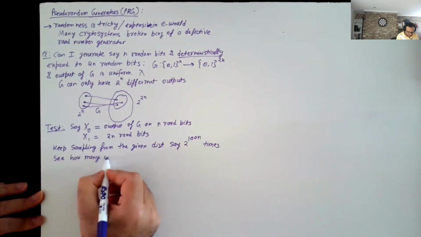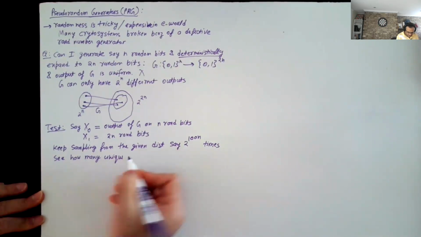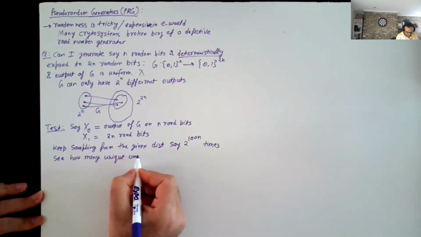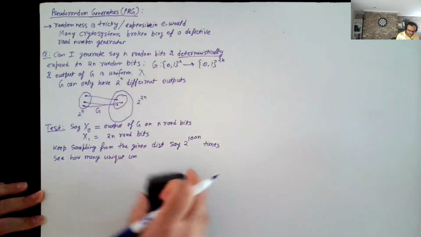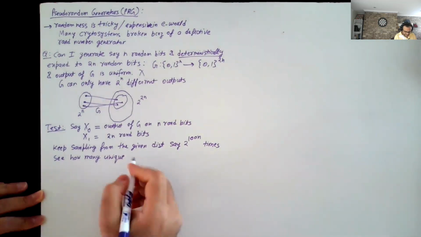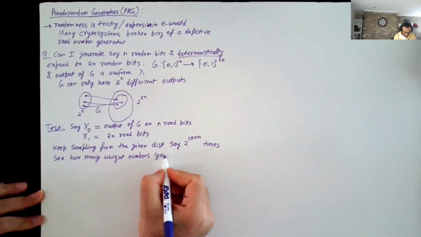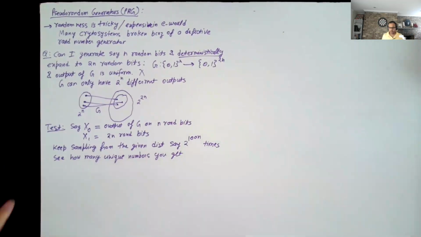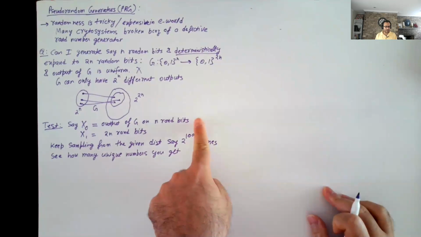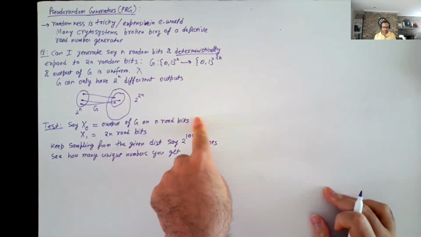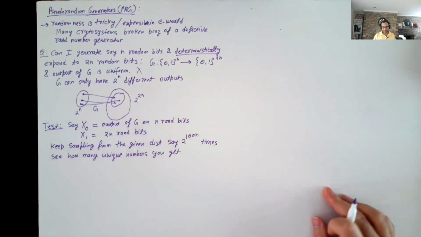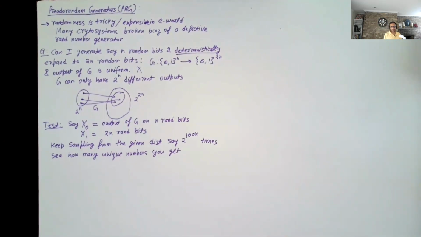See how many unique numbers you get. If I get at most 2 to the power n unique numbers, I know that the distribution is x0. Otherwise, the distribution is x1. So x0 and x1 are not the same in any sense.